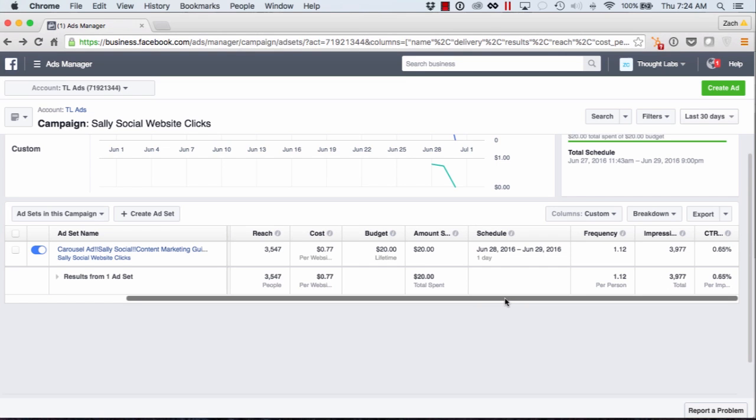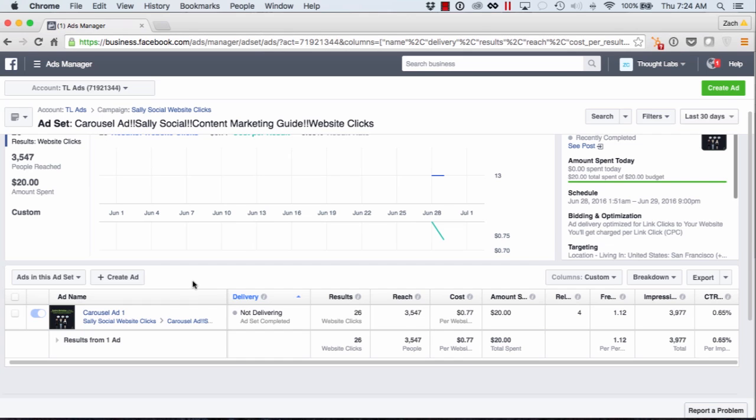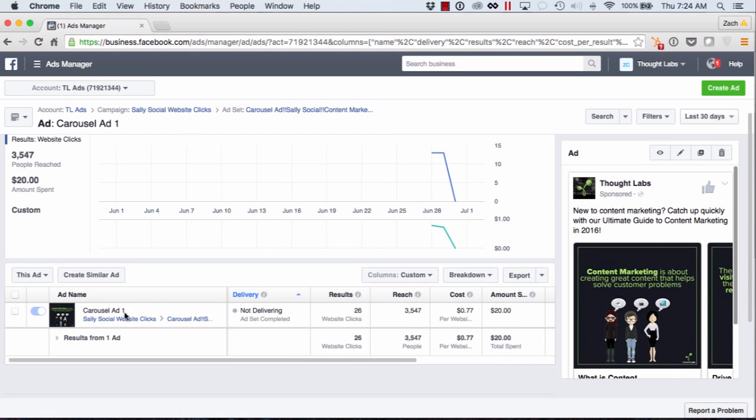So I realize that the ads are effective, but if I want to get this click-through rate up higher, then what I would look at is I would go into the ad set, look at the ads and see which ad that I actually have is performing best, and then I would look into that ad and try and figure out what it is about the content, the text, and the imagery that is resonating with that audience. And then I would create some additional ad variations in this ad set.